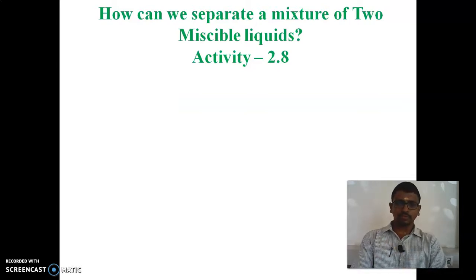So now we are going to another technique: how can we separate a mixture of two miscible liquids? So what is the technique name? We will discuss. For that we can go to activity 2.8. Children, take your book and go to activity 2.8.